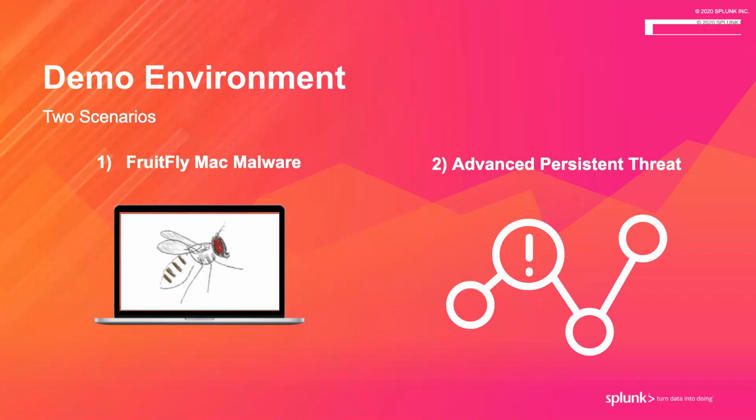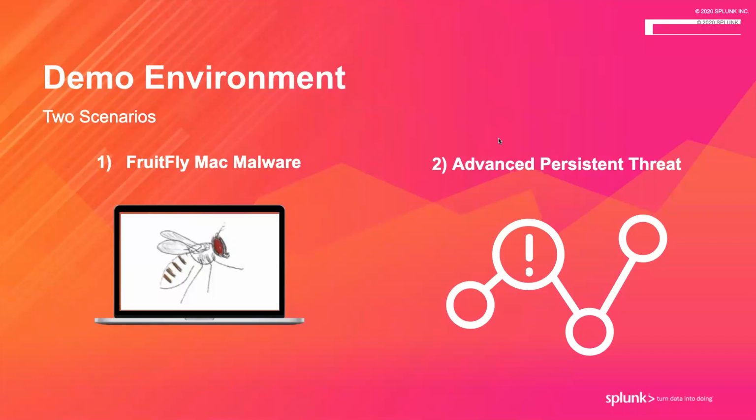The second being a more advanced threat that requires some pivoting and some additional triage. So we'll show you both of these situations and apply the functions we know about Enterprise Security and how we can investigate with this new type of system.